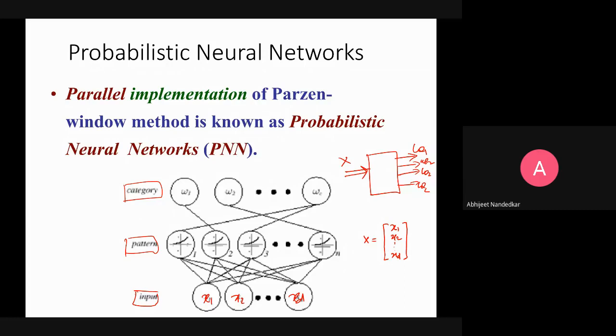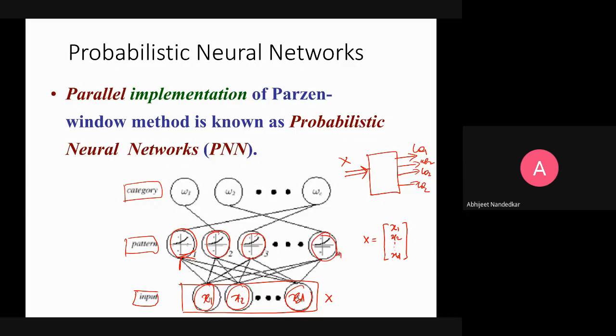Okay, now this complete input, called x, is given to all the nodes here. Okay, so 1, 2, 3 up to n.